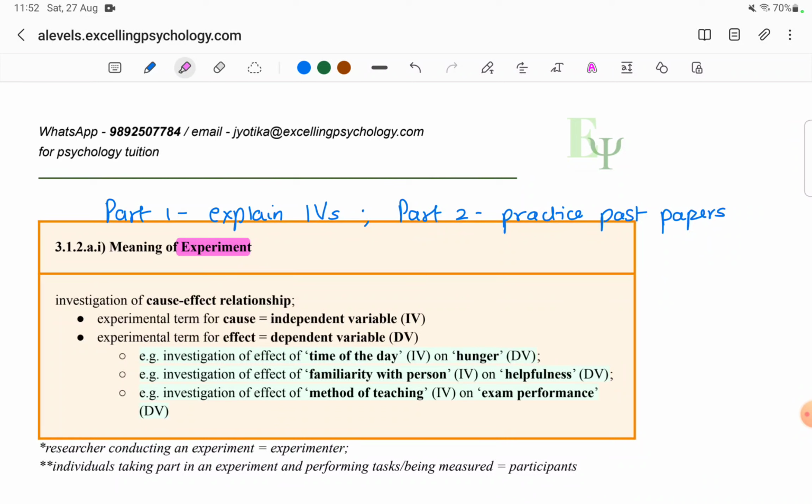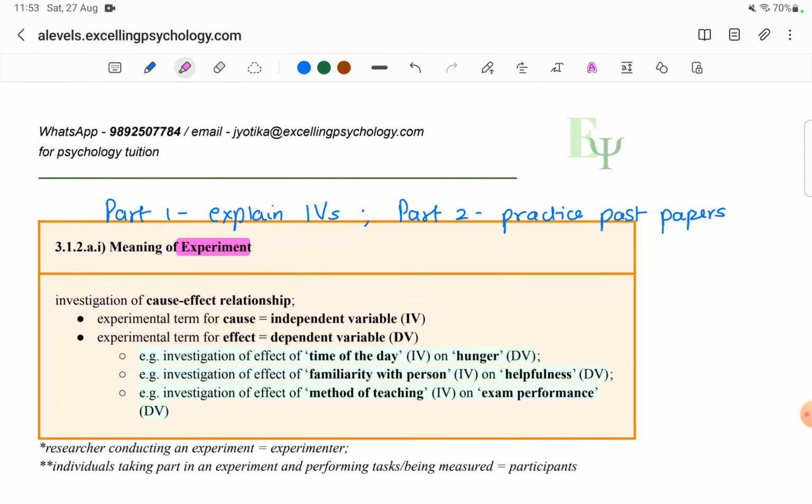I hope before starting with this class, you are clear that psychology is the science of the human mind and behavior. Now, since it is a science, whatever information is there in psychology about how our mind works and how our behavior works is backed by evidence. By evidence, I mean actual observations of the real world.